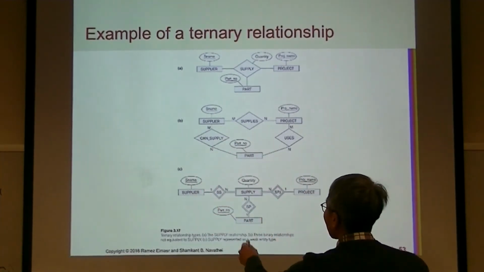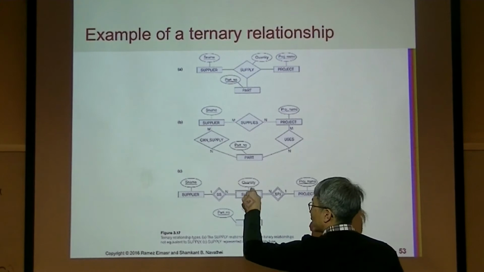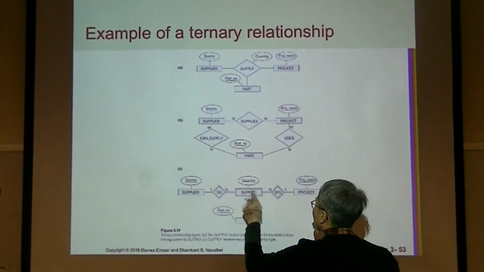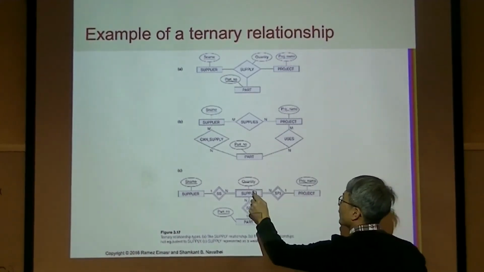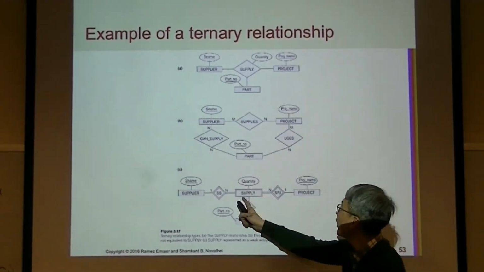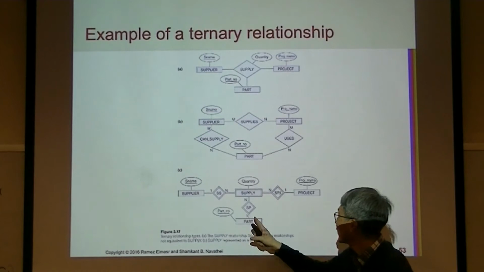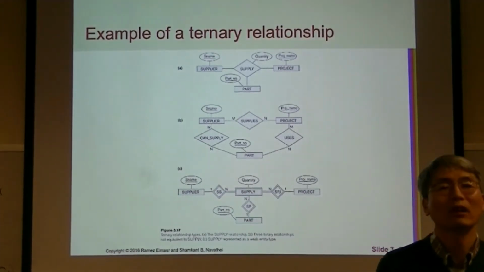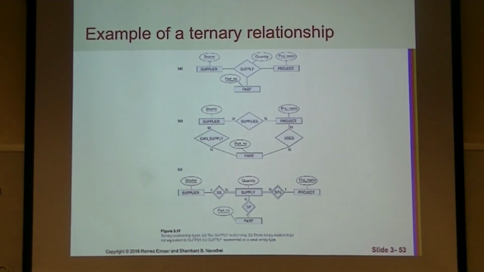So supplier participates in this supply, and the part participates in this. Project participates in this. Then the key of this is the combined key. Then this will be the key of the supply entity.